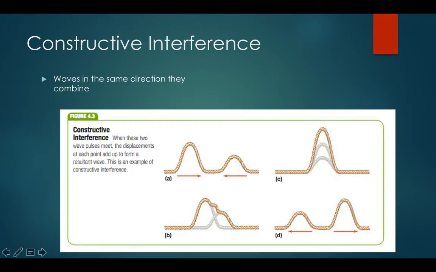What happens afterwards, though, is the waves then split apart and go back to being their same size. So the waves temporarily combined right here, and then they break apart right here. The waves don't actually combine. What happens here is that the waves just temporarily pass through each other, and when they pass through each other, they strengthen each other in constructive interference.